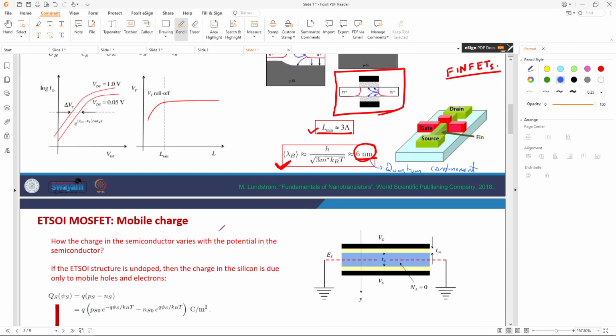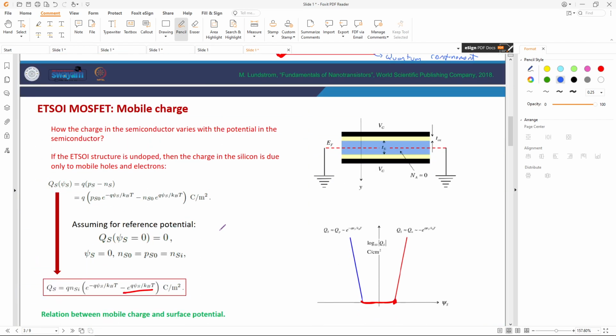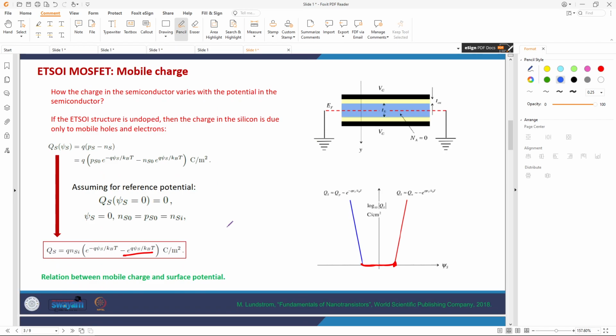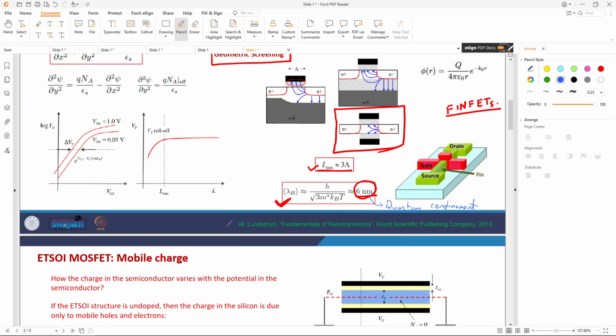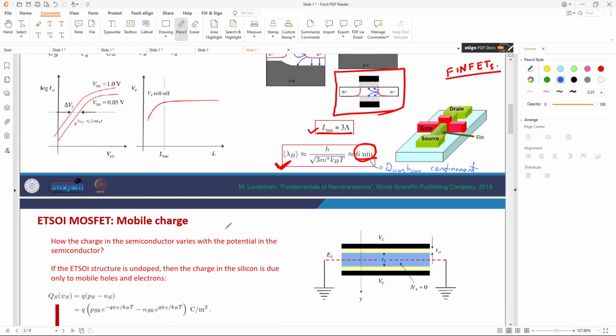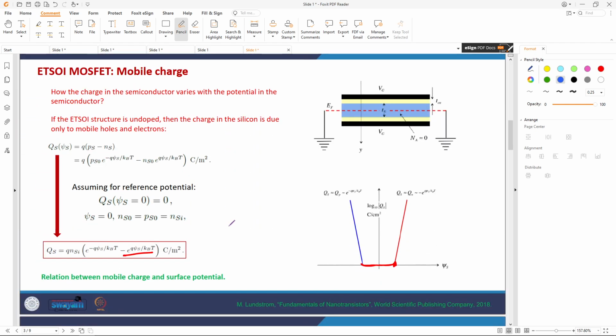Now, before we talk more about quantum confinement, let us quickly come back to what we previously discussed: that screening will be better for double gate MOSFETs. One configuration, now tested well enough, is the double gate silicon on insulator MOSFET.